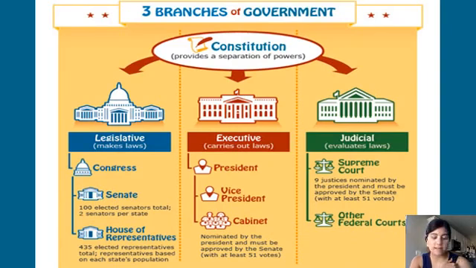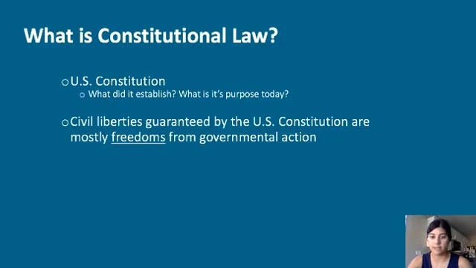The idea was that the founders did not like the fact that the British had so much control under one entity in their form of government. So they wanted to make sure in our government that power was spread around and that not one party could gain too much power or control over its citizens. That was the first thing that the Constitution established.